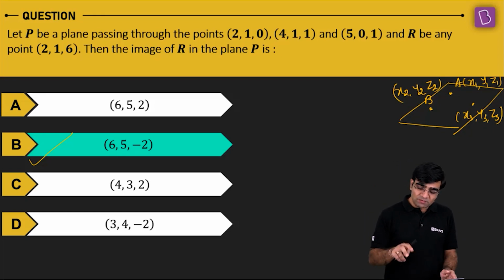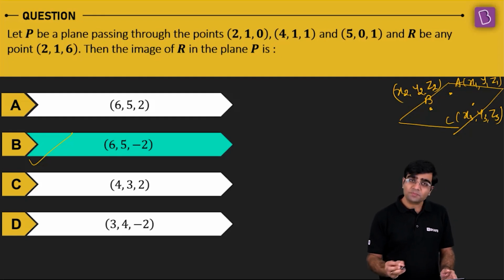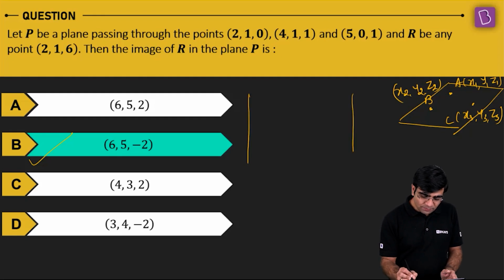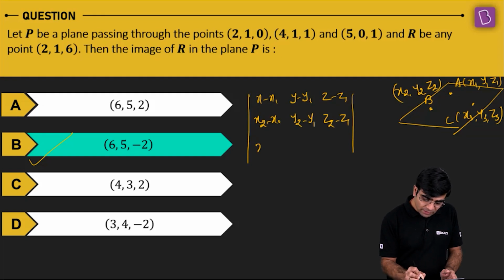So the equation of the plane which passes through all the 3 points A, B, C turns out to be, I'll quickly write, the determinant of x minus x1, y minus y1, z minus z1; x2 minus x1, y2 minus y1, z2 minus z1; x3 minus x1, y3 minus y1, z3 minus z1, equal to 0.